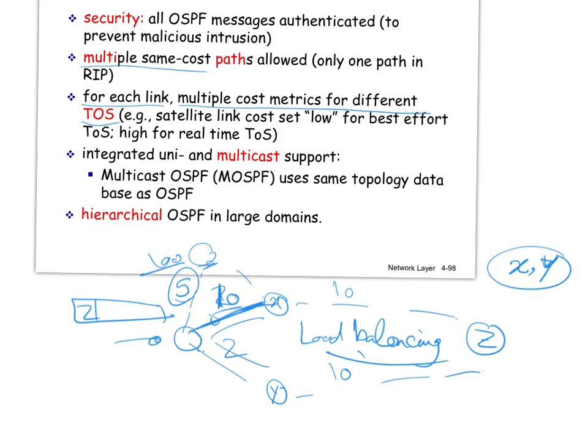OSPF also deals with multicast much more efficiently compared to RIP. Here we're talking about multicast in terms of data traffic. So we have what we call multicast OSPF. Because OSPF by default maintains route updates for point-to-point, unicast traffic. But multicast OSPF keeps route entries in the routing table for multicast.